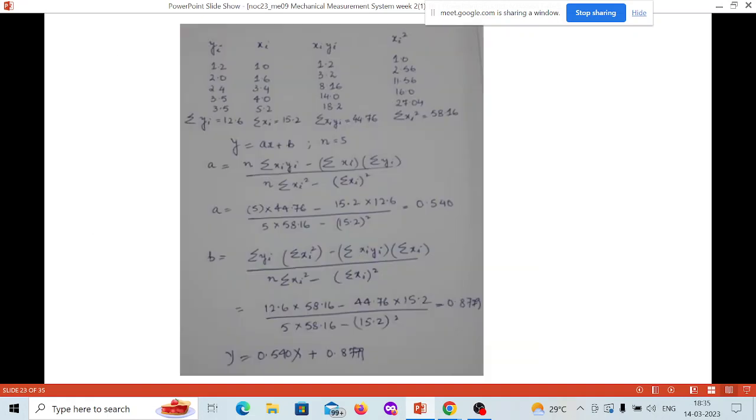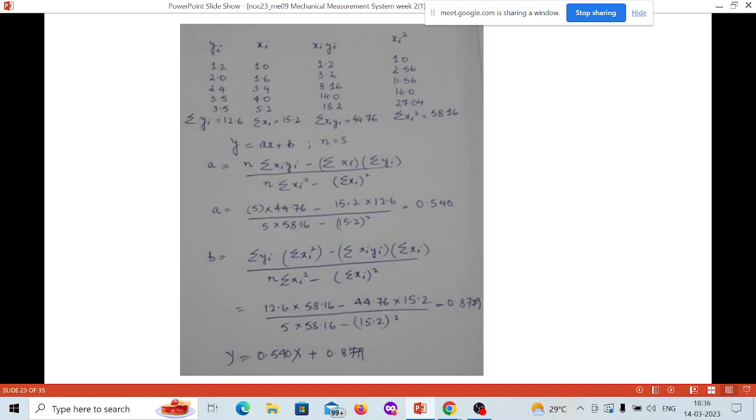You calculate xi times yi. That gives you 1.2, 3.2, 8.16, 14 and 18.2. So 1.2 into 1 is 1.2, 2 into 1.6 is 3.2, 2.4 into 3.4 is 8.16, 3.5 into 4 is 14, 3.5 into 5.2 is 18.2.